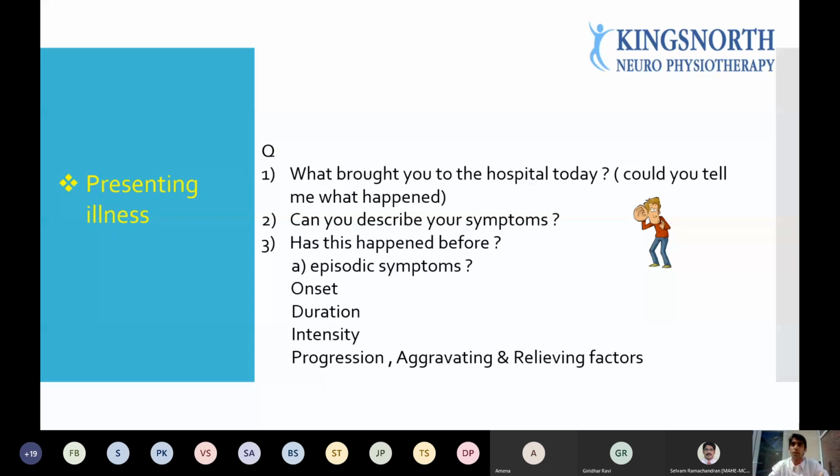Then intensity. This is more about how bad the patient gets with this symptom. Are they confined to the bed, or confined to the home, or can they perform small work inside the house? In Giri's case, he was explaining that his work is affected.